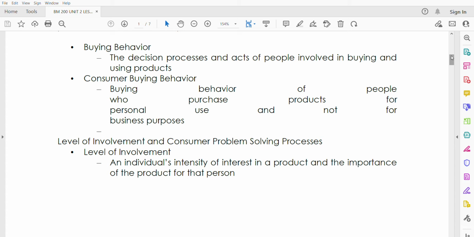Let us first differentiate buying behavior from consumer buying behavior. So, buying behavior alone, this is the decision processes and acts of people involved in buying and using products. So, this is their behavior, their actions towards the act of buying the product. Naiuban magtigom before mopalit og isa ka specific product.